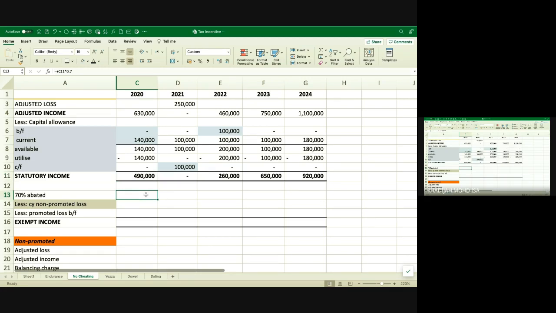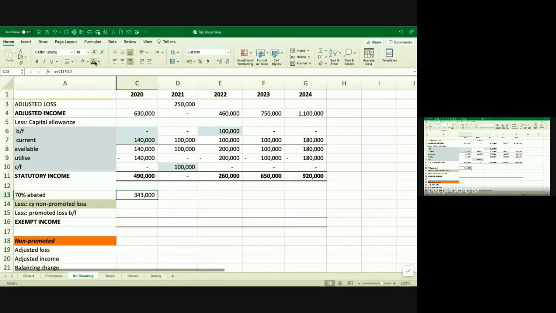So you get 343. And remember that you do the same for all the five years. So even though it looks like a lot, actually you are doing the same thing, as long as your method is correct. So then you have the line for your 70% abated based on your SI.